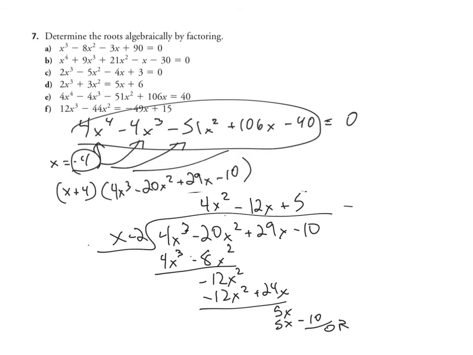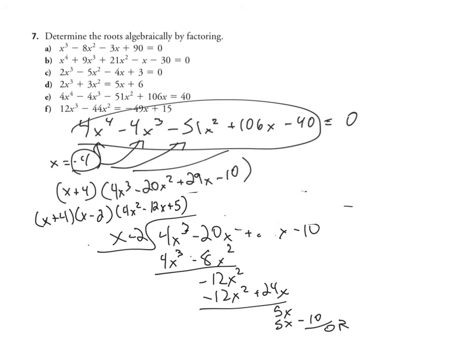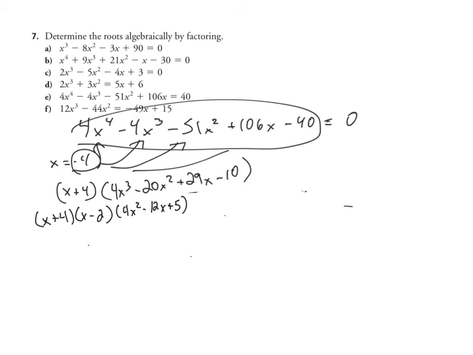So this is x plus 4 times x minus 2 times 4x squared minus 12x plus 5. Now we can erase all this. There we go. And let's make that a little nicer. Now we still have to factor this guy.